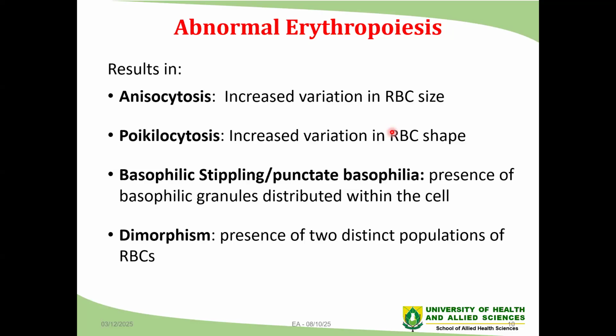You see two clear populations. Red cells should have an almost uniform size and shape. But in this case, you are going to have populations of red cells which may vary in size, or they may vary in terms of their shape or their hemoglobinization.